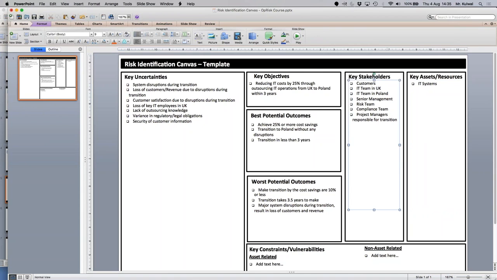We have, so project team is more a stakeholder, so we've covered, so let's cover the project team as a stakeholder. So law firms or internal legal counsel, okay, so those would also be all here as stakeholders.